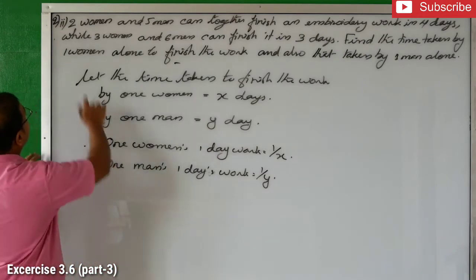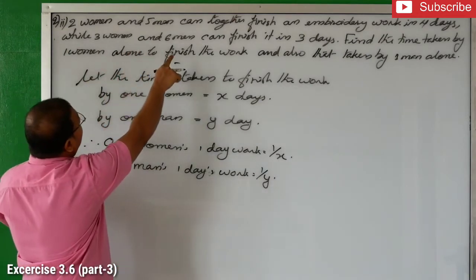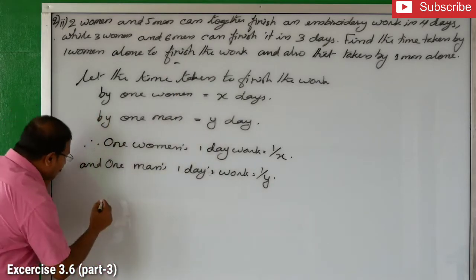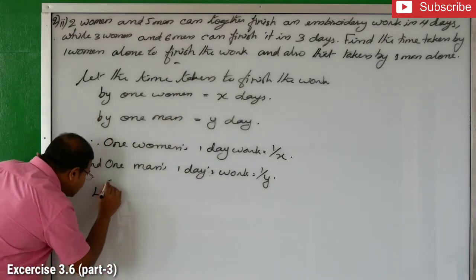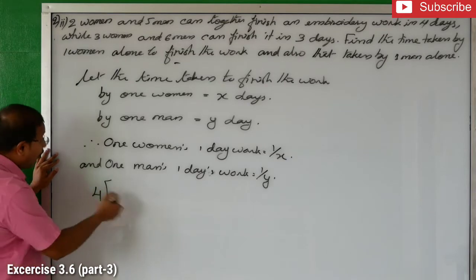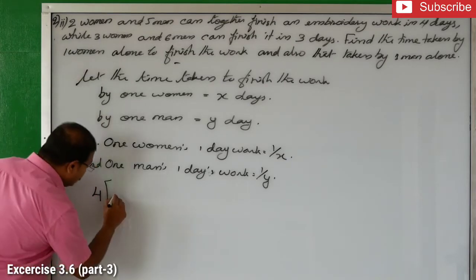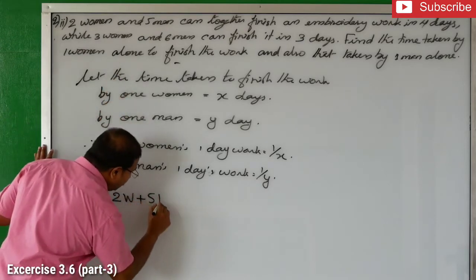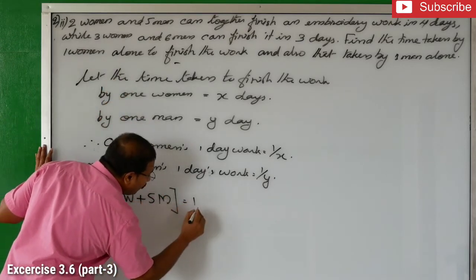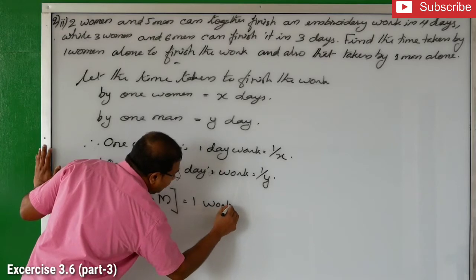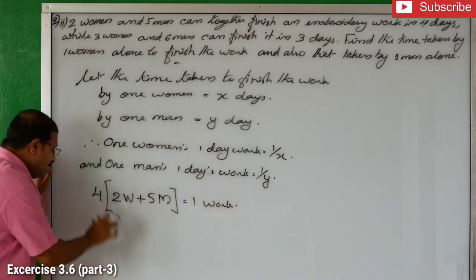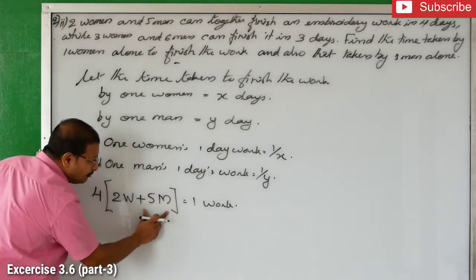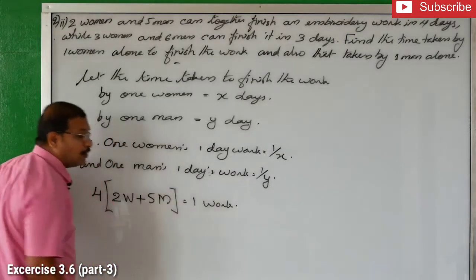Now see the question. 2 women and 5 men can together finish an embroidery work in 4 days, isn't it? That means in 4 days, 2 women and 5 men can complete 1 work.